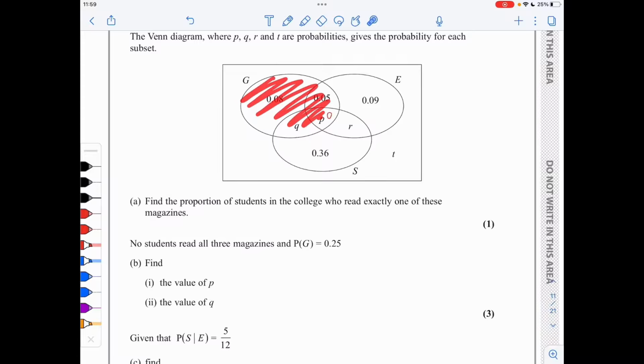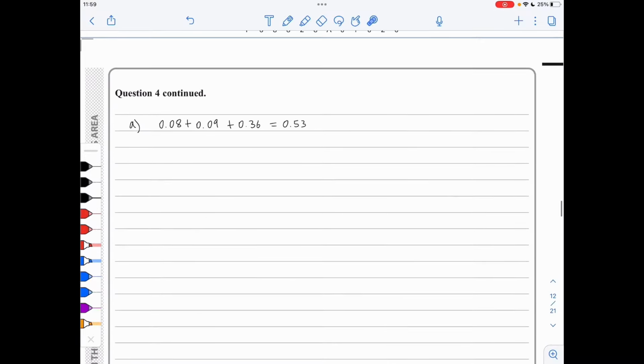So I will start by stating that P is 0, and then I will say that the sum of the probabilities in G, so 0.08 and 0.05 plus 0, the value of P, plus Q is equal to 0.25, which means that 0.13 plus Q is 0.25, and therefore Q is 0.12.